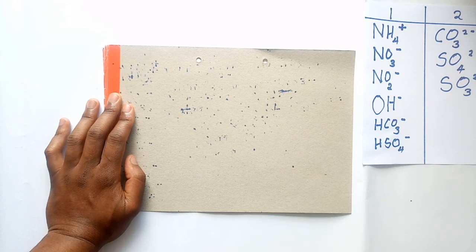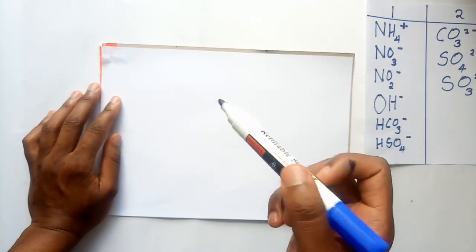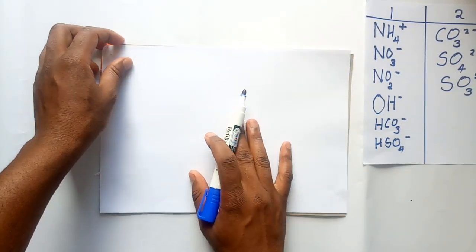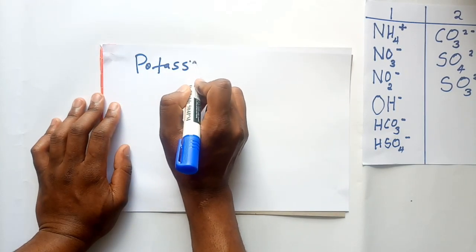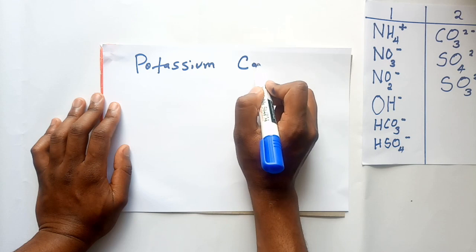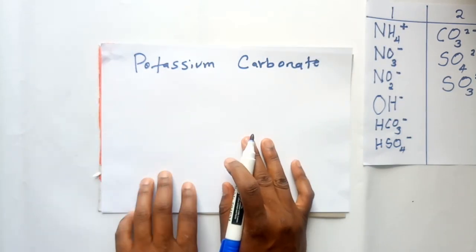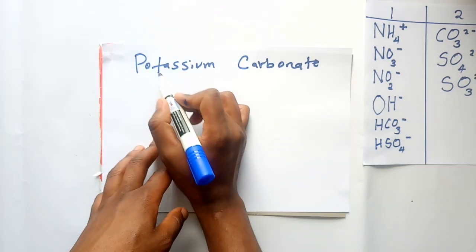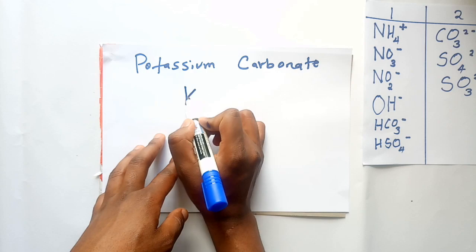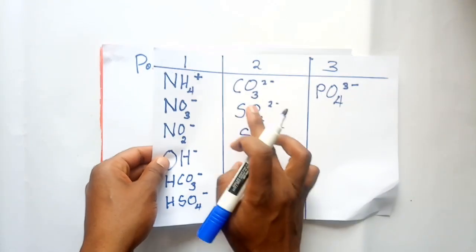The other one I would like us to try and write is potassium carbonate. From the name, it becomes pretty easy to know that I'm having a potassium ion combining with a carbonate.